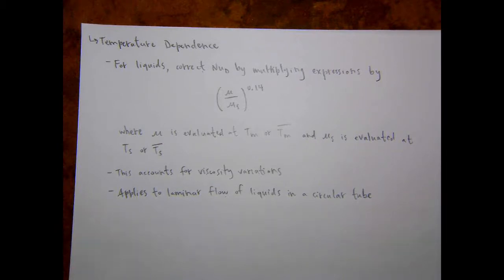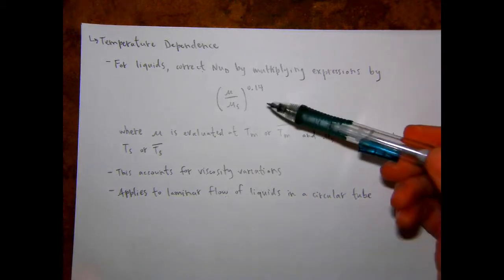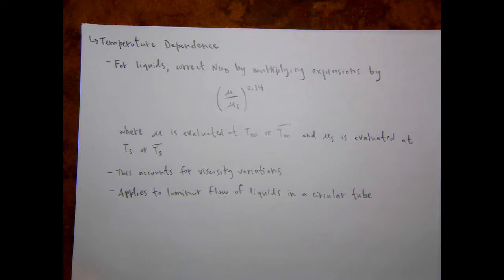So all those Nusselt number expressions that we wrote down, if you're using a liquid, you need to multiply them by this correction factor. Okay, questions so far?